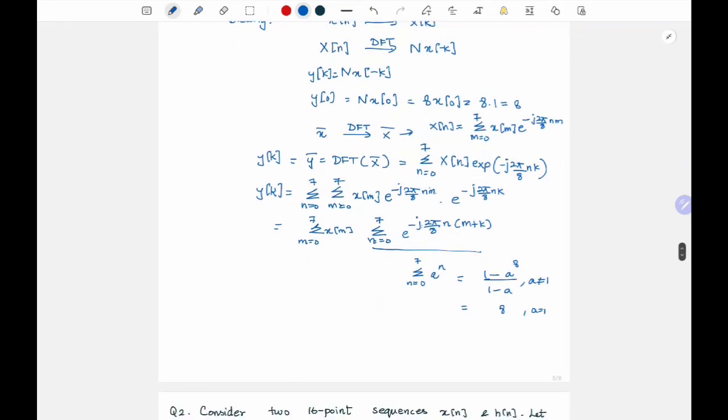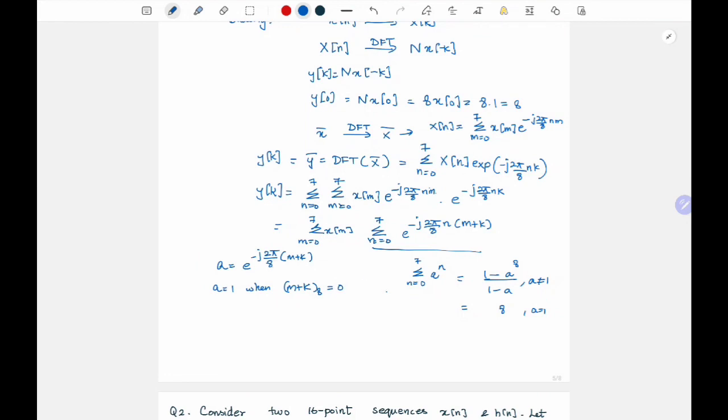So if I then notice this, my a is nothing but e power minus j 2 pi by 8 into, n is the summation term, so m plus k. So this a is equal to 1 when my m plus k is a multiple of 8, or in other words, when my m plus k modulus 8 is equal to 0.